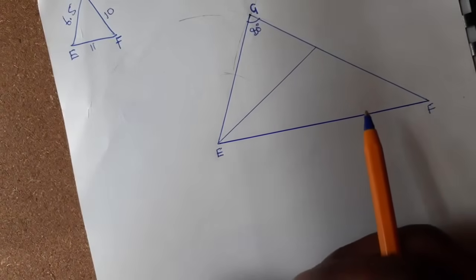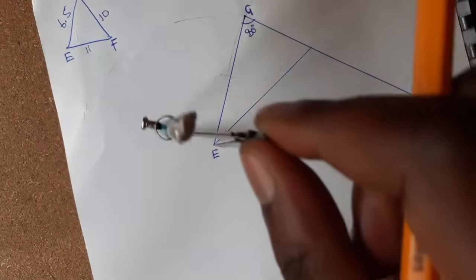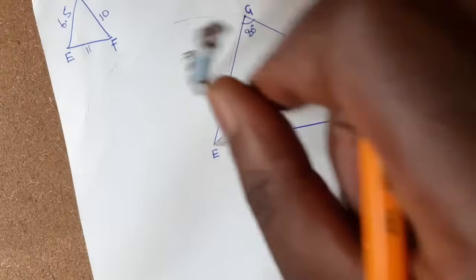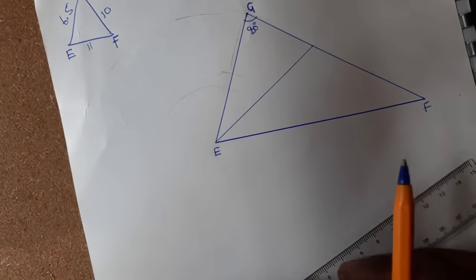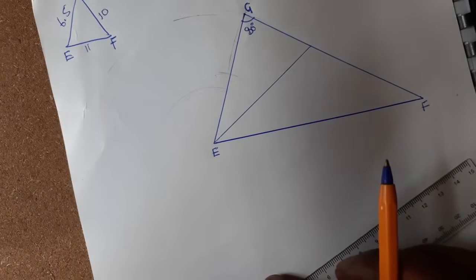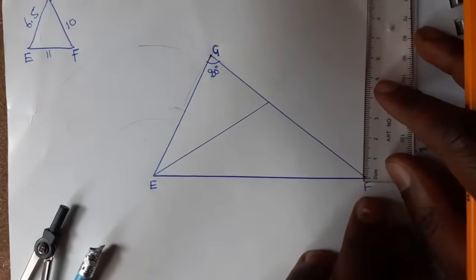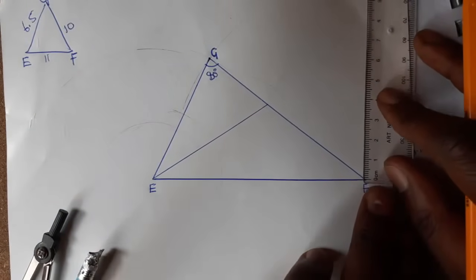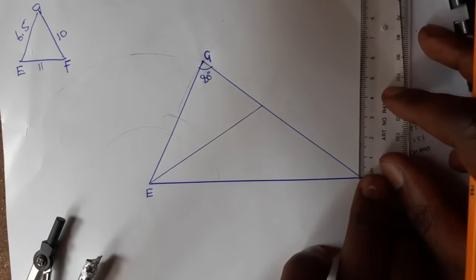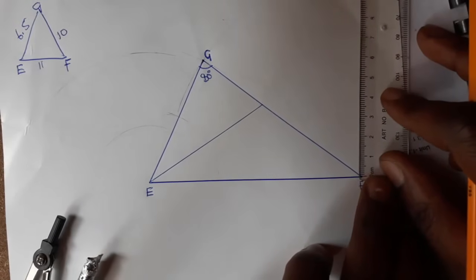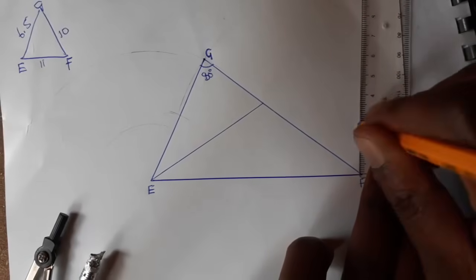Let's see. Okay, so draw an arc, this one. Let me just confirm if it hasn't moved. No, it has moved. Alternatively, we can measure the ruler from this point. 2.5 is here, isn't it?